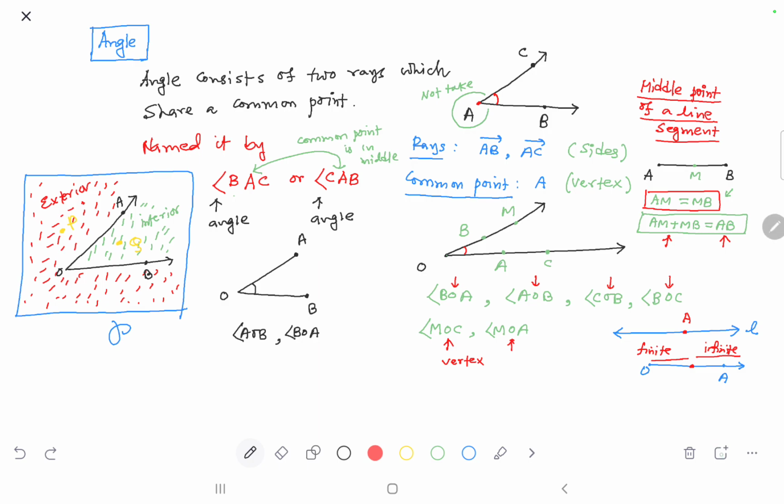Now go to the next, which is very important: the angle addition postulate. It is something like this: if you take a finite line segment and break it into two parts, then if you join the two parts together again, you get the line segment itself, right?